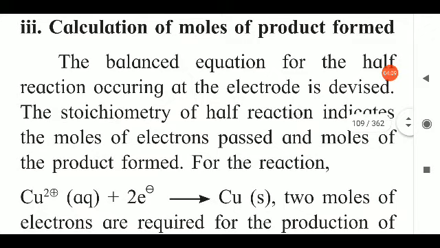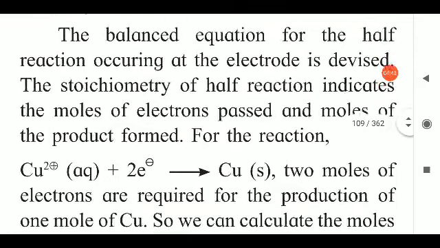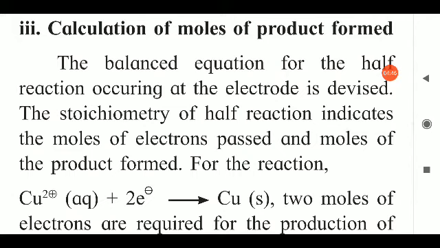In a particular cell, if you want to calculate the moles of product formed, then we should know the stoichiometry of the half reaction: how many electrons reach the electrode, how many electrons are utilized by that electrode, and how many electrons are released by a particular ion in the electrolysis. By knowing all these quantities we can calculate the number of moles of product formed.